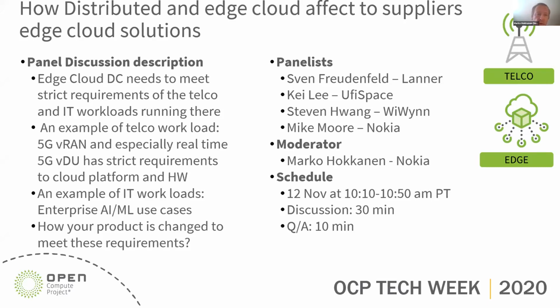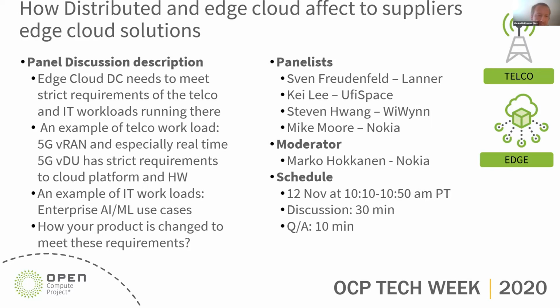Especially when we talk about the baseband real-time part, this virtual distributed unit, it has specific requirements for the hardware from the layer 1 software acceleration point of view. On the IT workloads side, artificial intelligence and machine learning are coming in really strong, with specific use cases.